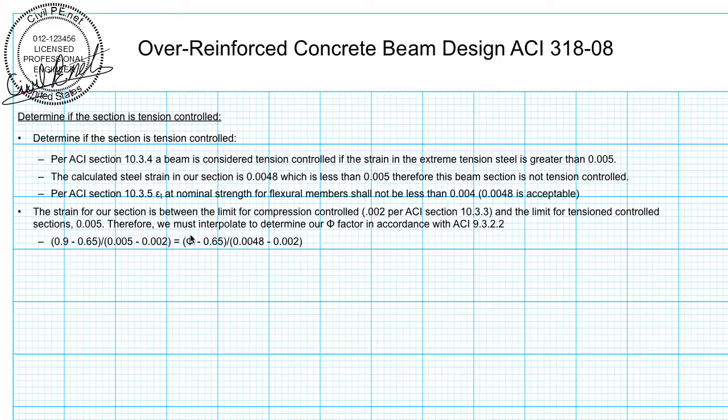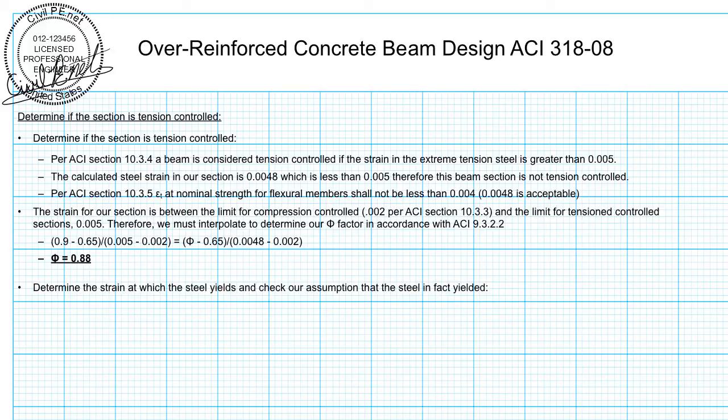And we set that equal to phi minus 0.65 divided by 0.0048 minus 0.002, and then we solve for phi, and we come up with phi equal to 0.88. So because we are not tension controlled, we couldn't take that phi of 0.9. We actually had to reduce it a little bit.